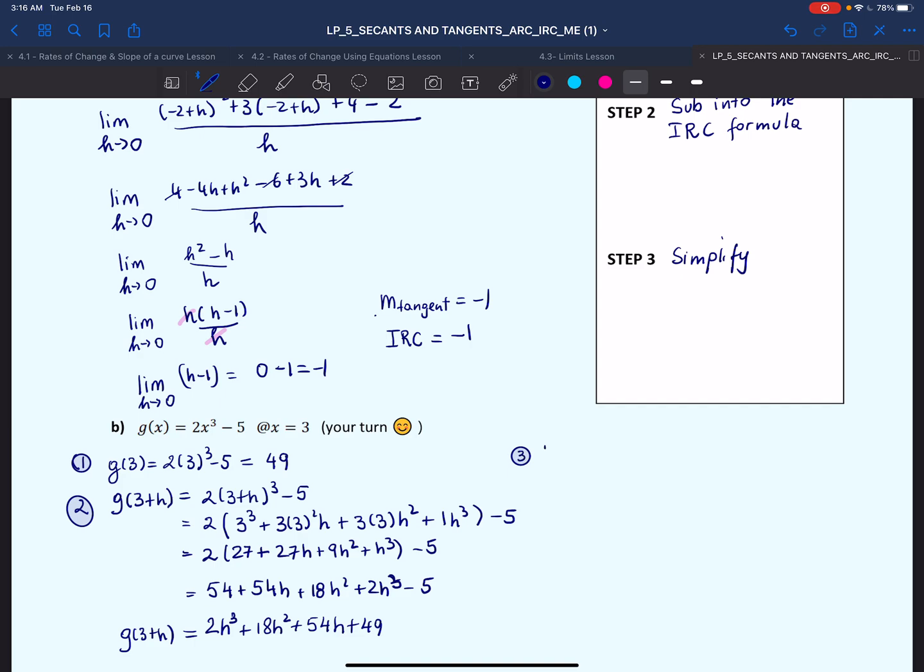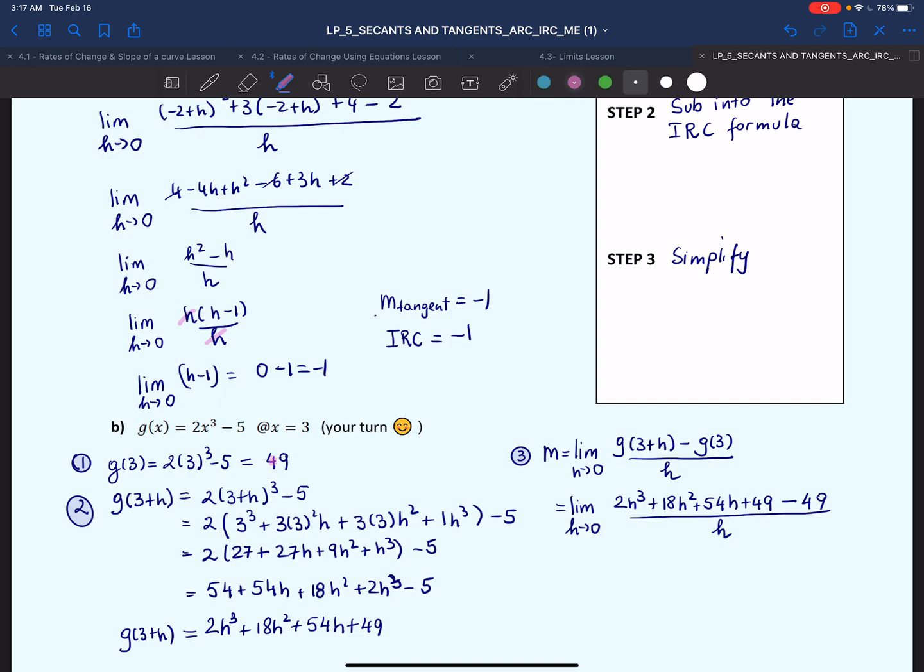So the slope would equal the limit as h approaches 0 of g at 3 plus h minus g at 3 divided by h, or the limit as h approaches 0, we have 2h cubed plus 18h squared plus 54h plus 49 minus g of 3, which is 49, divided by h.